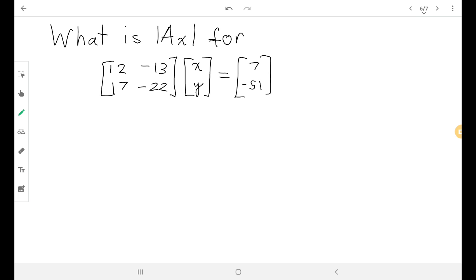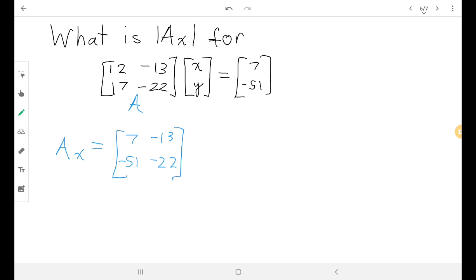Well, here's A, right? So A sub x would be replace the x column, which is that column right there, with the answer column. So 7, -51, and then keep the other columns. So -13, -22.